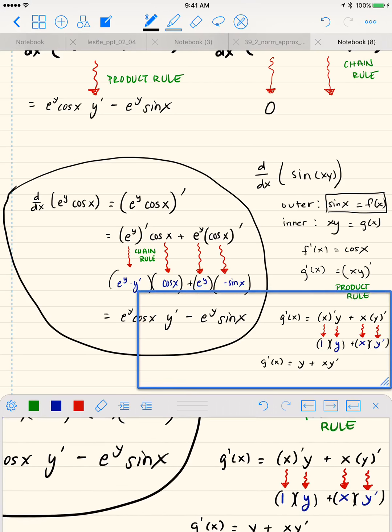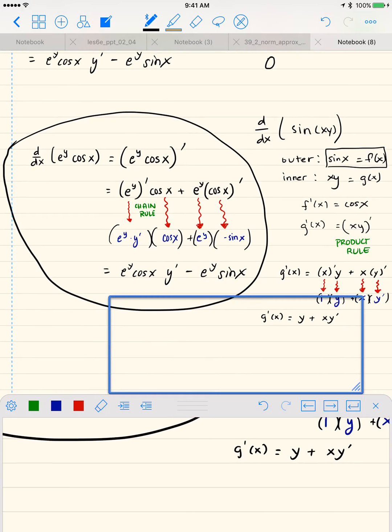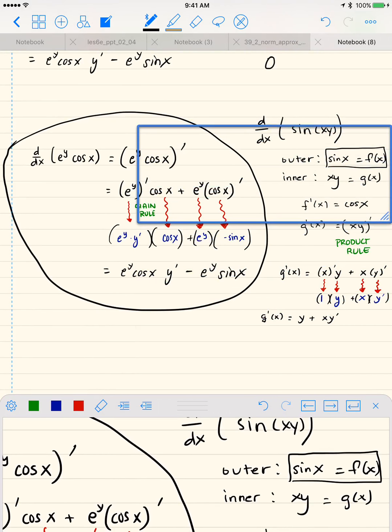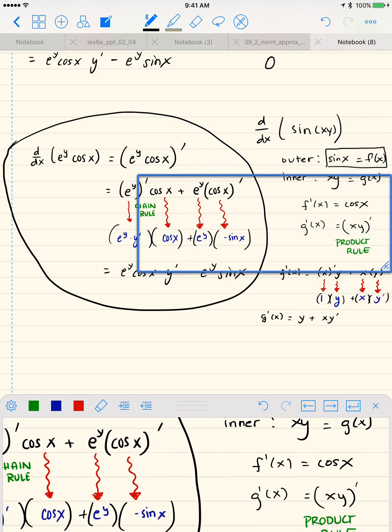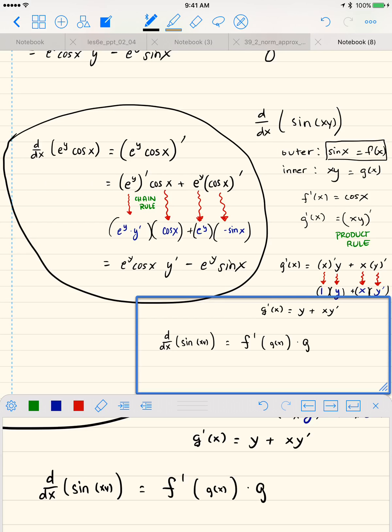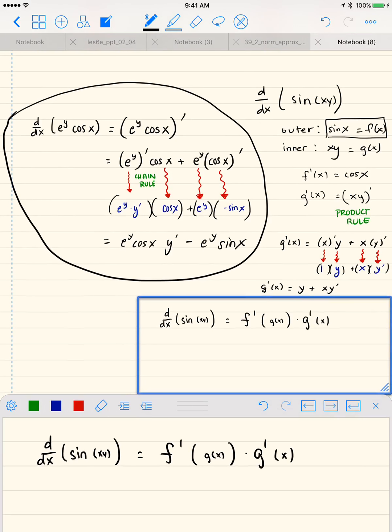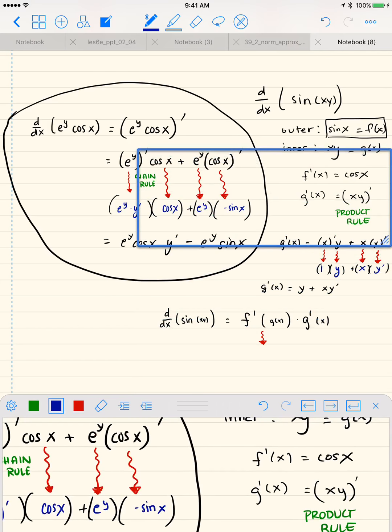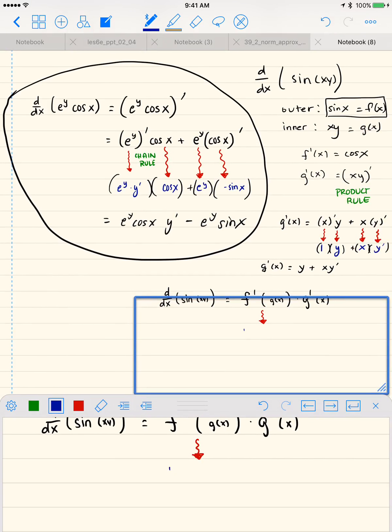Okay? So now, remember where all of this is going. So, putting it all together, we have the derivative with respect to x of sine xy is going to be f prime of g of x times g prime of x. Now, what is f prime? F prime is cosine, so we'll have cosine of g of x.